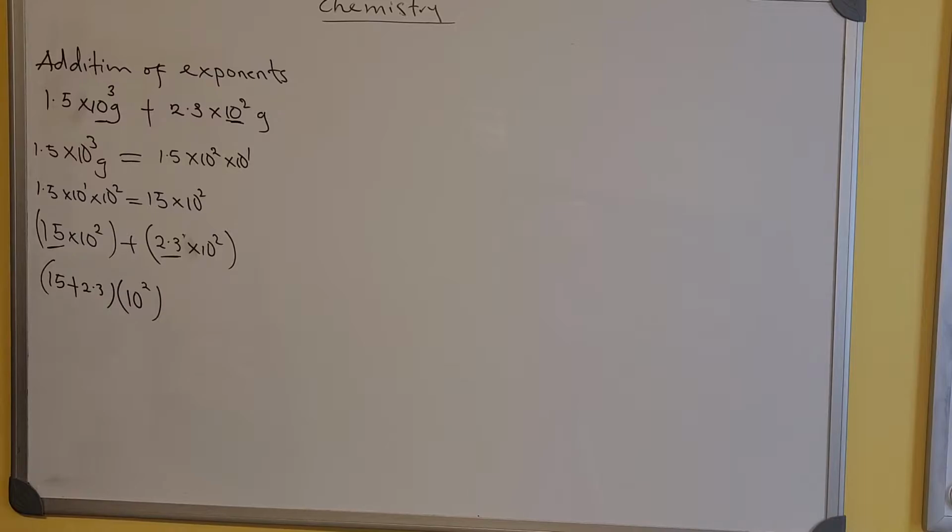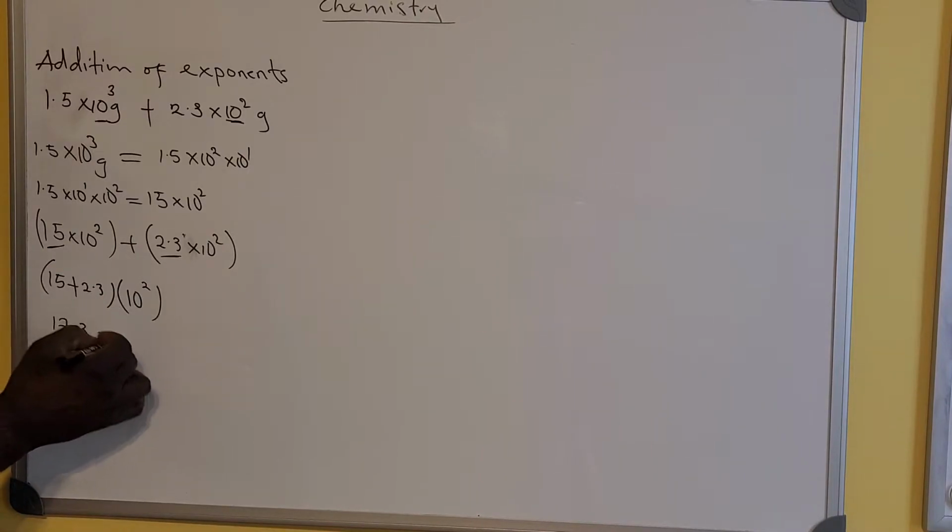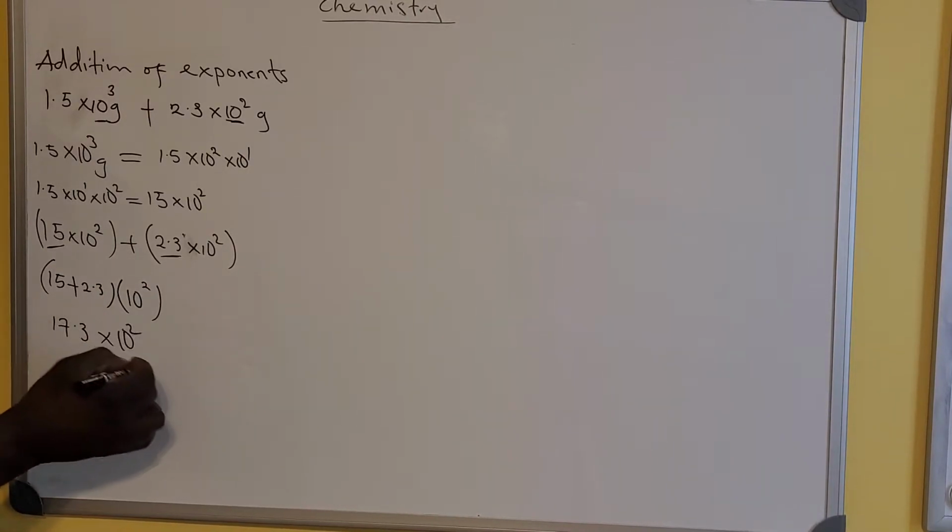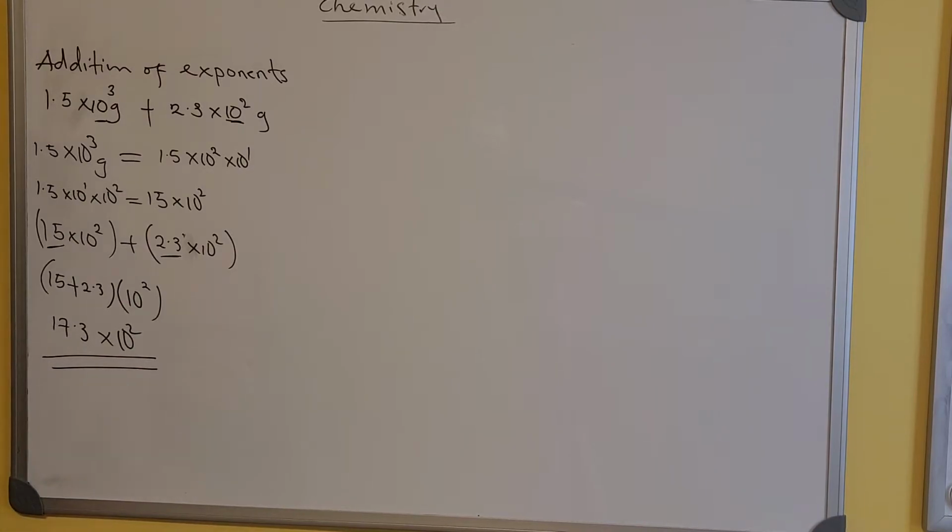That's what you have to do. When you add this together, 15 plus 2.3 is going to give you 17.3, if I'm not mistaken. That gives me 17.3 times 10 raised to the power 2. So that is your answer for that.